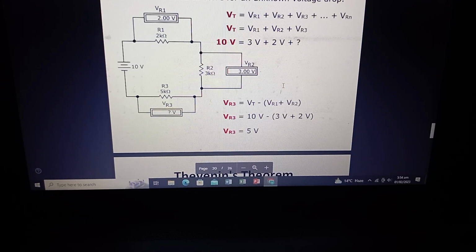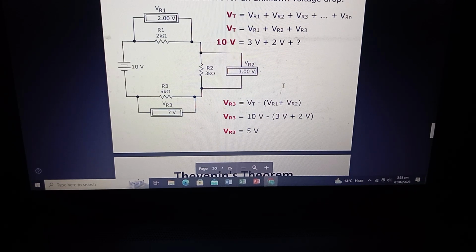So here we know VR1, VR2 and V total. The equation is VR3 equals V total minus the sum of VR1 and VR2, and the value of VR3 comes to 5 volt. Here we have a brief discussion on Kirchhoff's current law and Kirchhoff's voltage law.